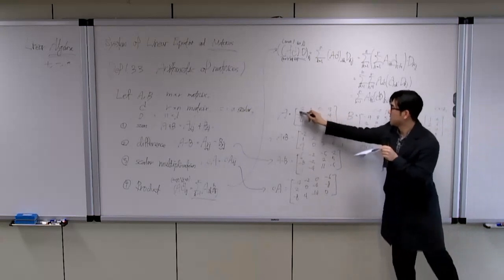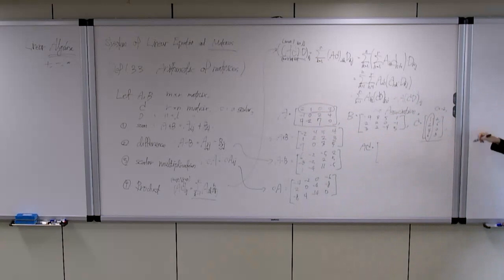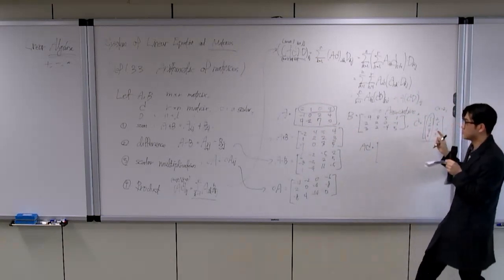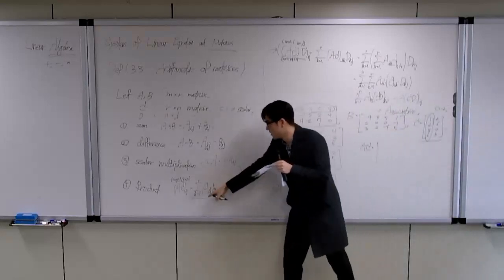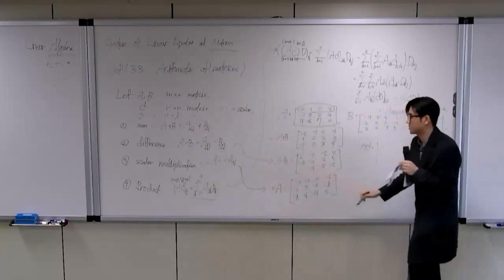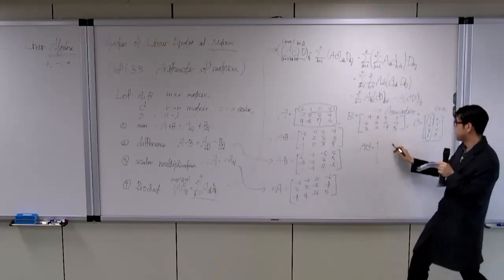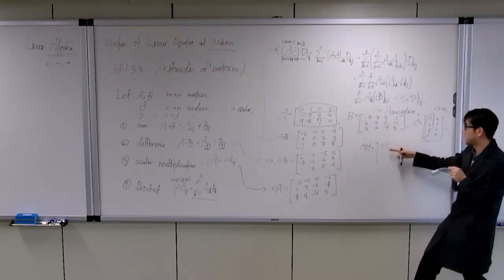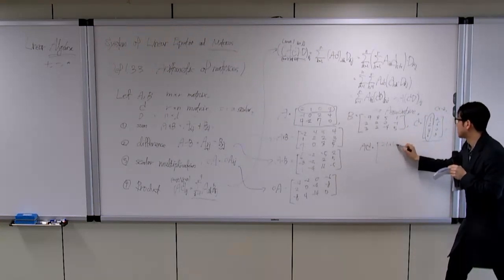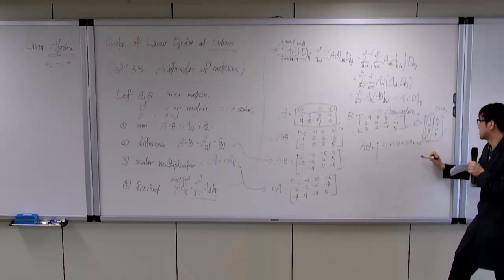It has 4 entries in a row and 4 entries in a column, so we will multiply each entry and sum 4 times. I will write only the first entry: 2 times 1 plus 1 times 2 plus 0 times 4 plus 3 times 6.